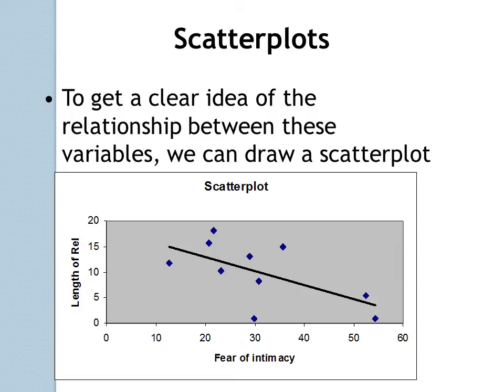Whereas the score on the right-hand side has the highest fear of intimacy. Their fear of intimacy is about 55, and the length of their relationship is about 1. So can you see that each point on the scatter plot represents a single participant, but it represents two pieces of information: their score on the one variable, and their score on the second variable.